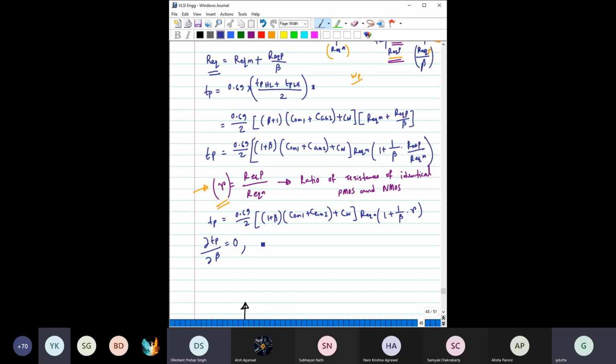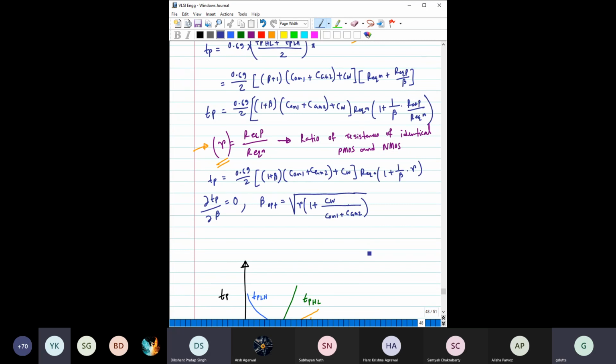If we do that, we will get the expression of this optimized beta, something like this: 1 plus the CW over CON1 plus CGN2, right? So please do this, make it equal to 0 and see whether you are getting this or not.